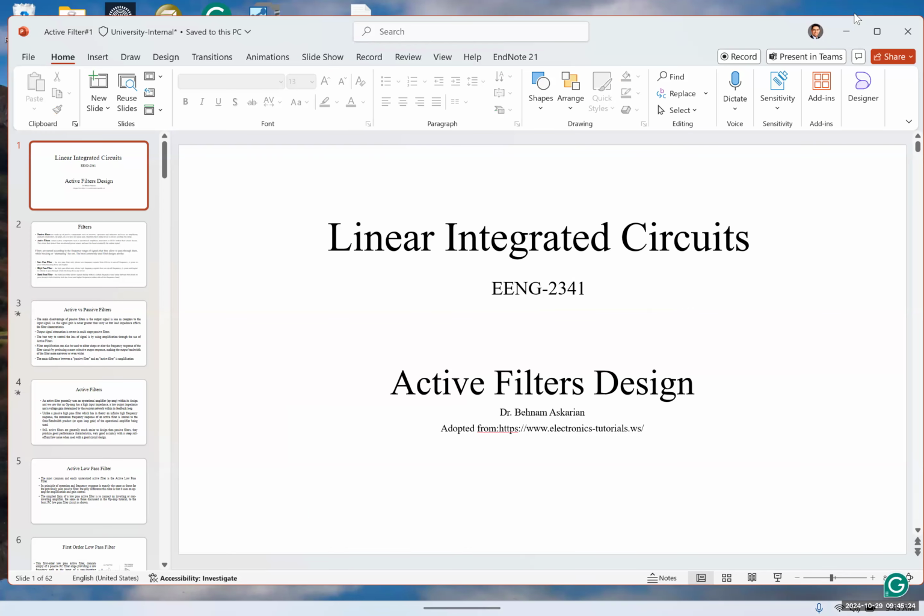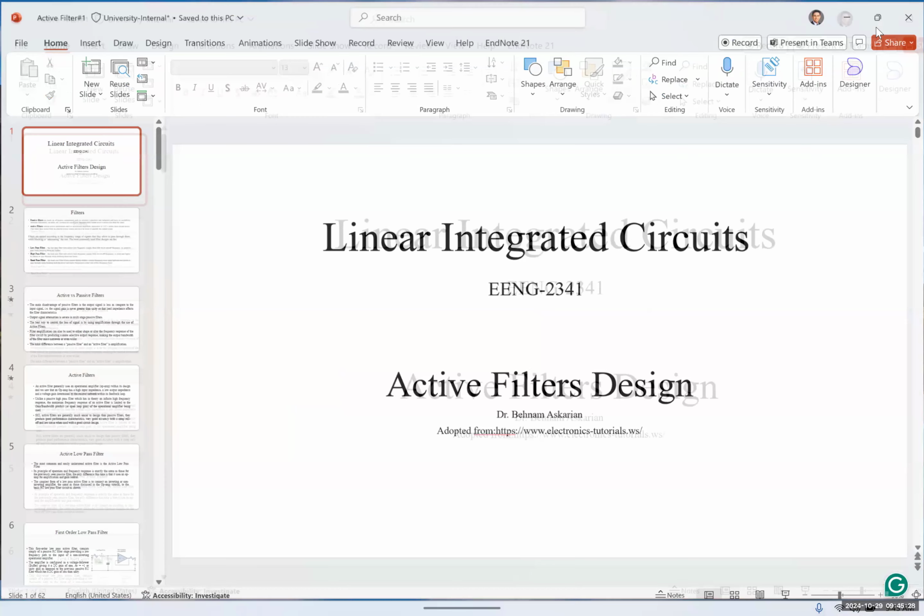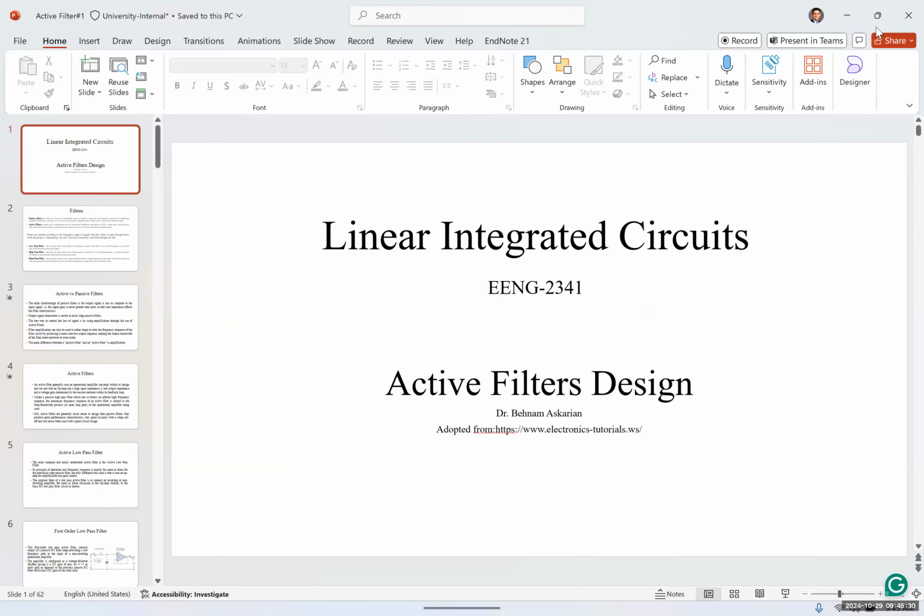So the next chapter we're going to have is, so far we learned about the upper cutoff frequency and the lower cutoff frequency of the op amp. We learned that the upper cutoff frequency of an op amp is determined by the characteristics of the op amp itself, and the lower cutoff frequency is determined by the coupling capacitor and the filter that is connected to it.